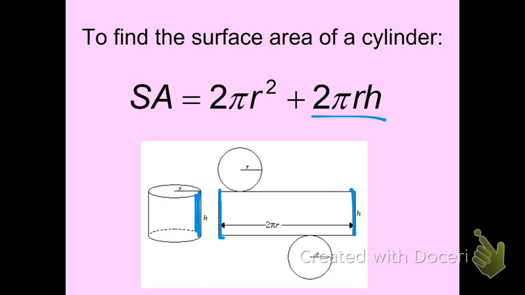The base of that rectangle, if you imagine wrapping it back around the can, would form the circumference of this circle, and the formula for circumference is 2 pi r. So the base is 2 pi r, and the height is h, so base times height, 2 pi r h. To find the surface area of a cylinder, you need to know the radius of the base and the height of the cylinder, and then the rest is just using the formula.